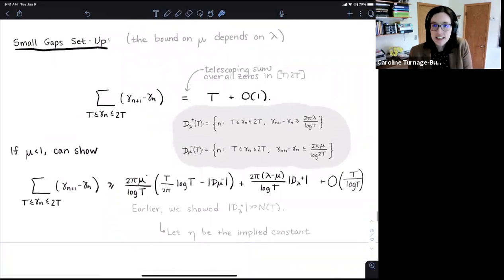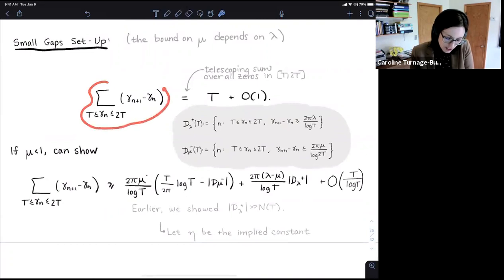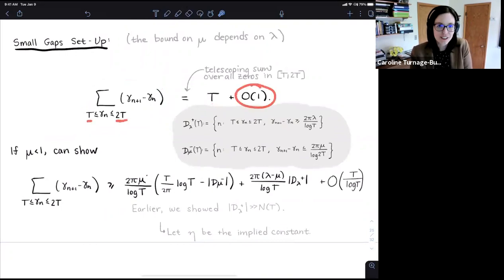And so now I can tell you a little bit about the small gap setup. You start with this same sort of calculation here, this neighbor spacing. On the one hand, you can say, oh, it telescopes. It's equal to t plus a little bit, because gamma of n might not happen at t and 2t. So that's what's left over here.